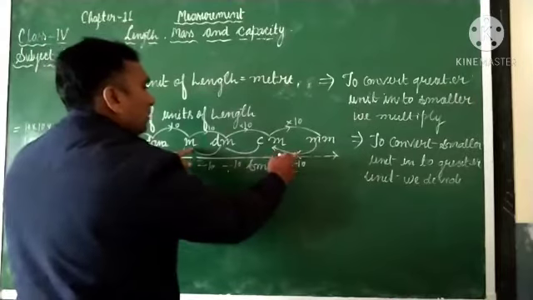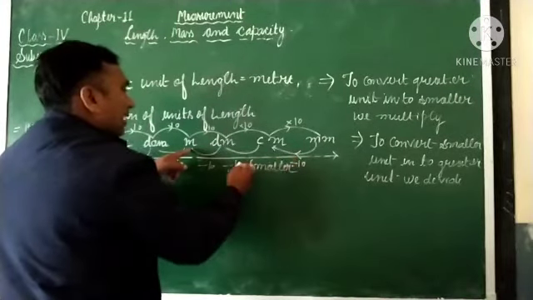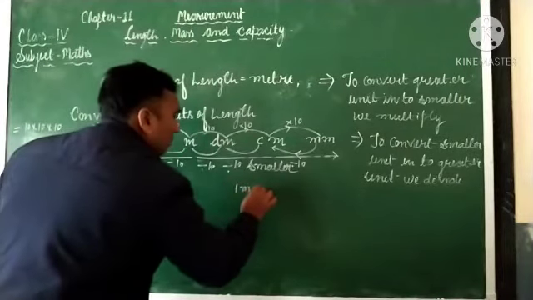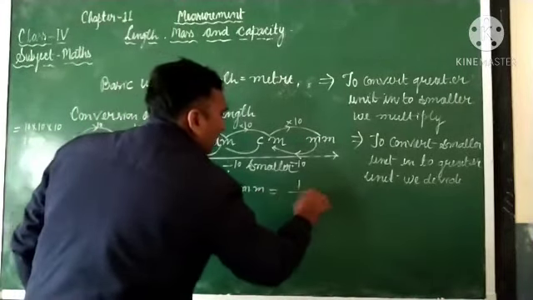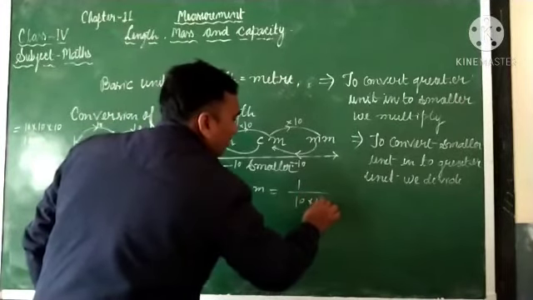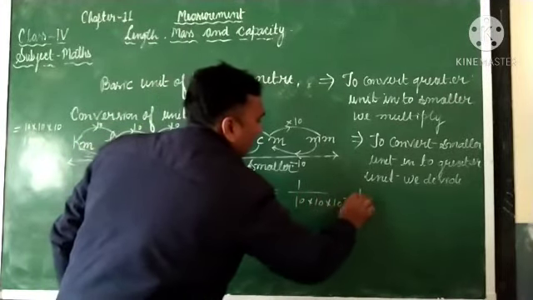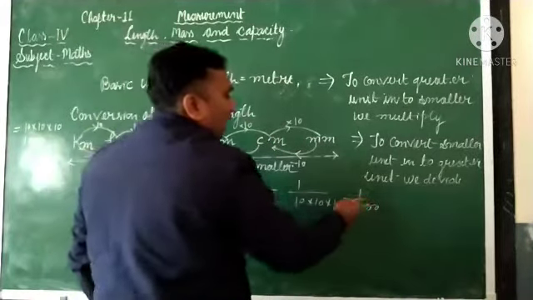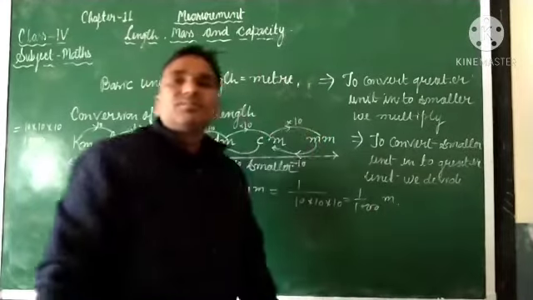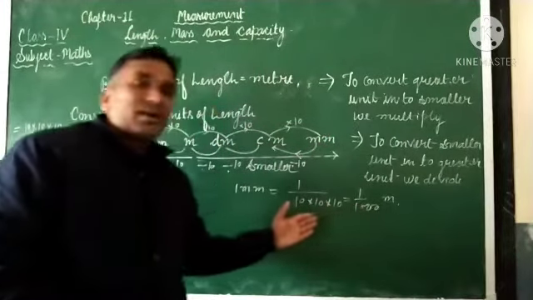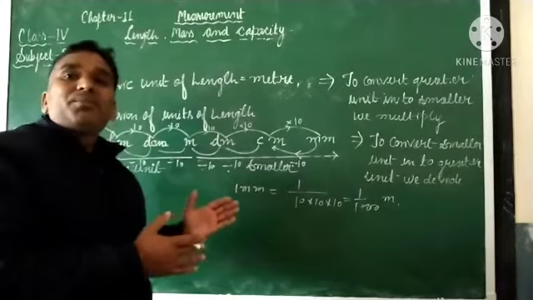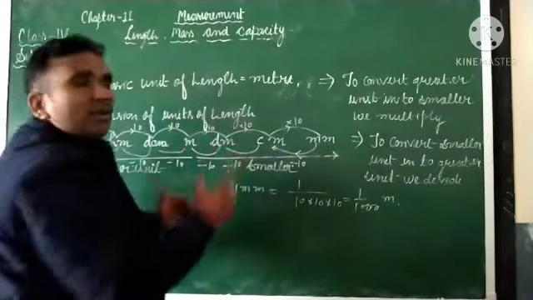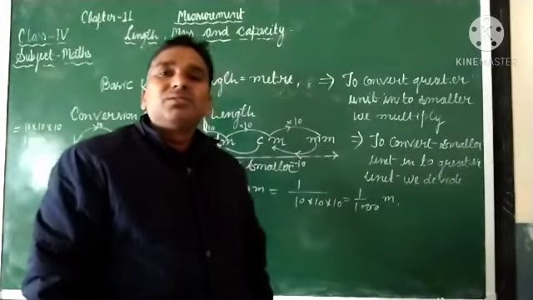Here, how many skips? 1, 2, 3. Three times 10, 10, 10. So 1 mm equals 1 upon 10 into 10 into 10, that is 1 by 1000 meter. You have to divide millimeter by 1000 to get meter. So to convert a smaller quantity into greater, you divide. And to convert greater quantity into smaller, you multiply.